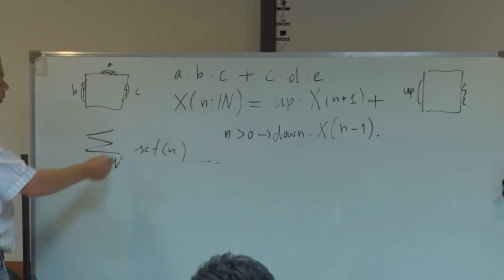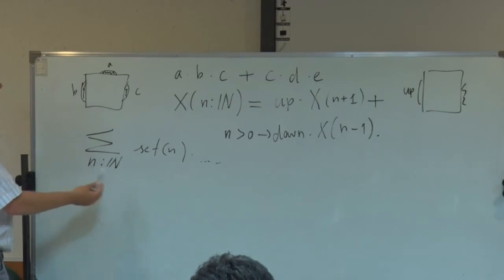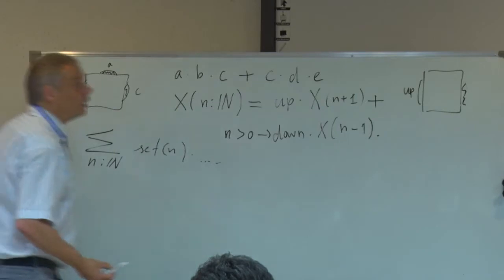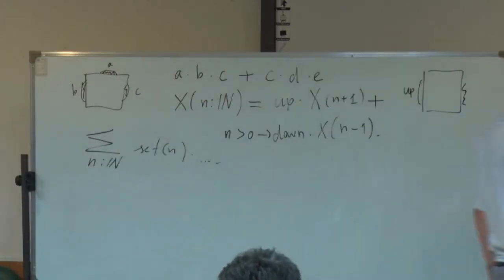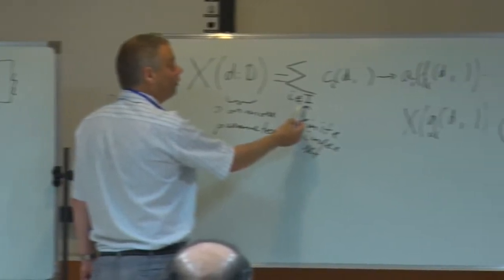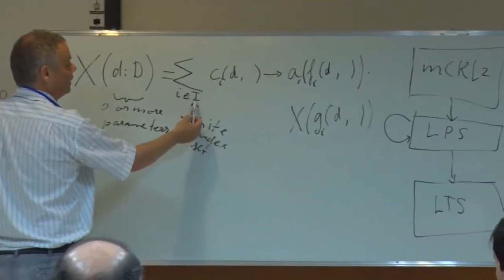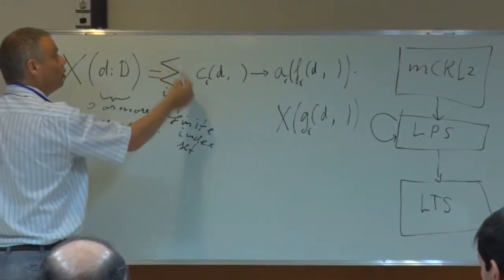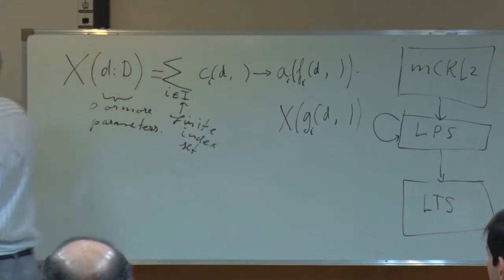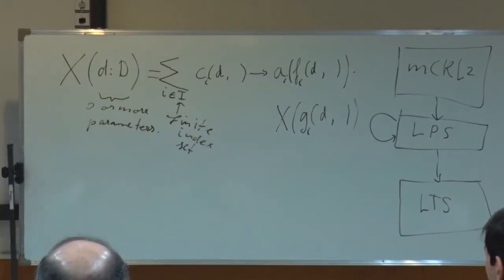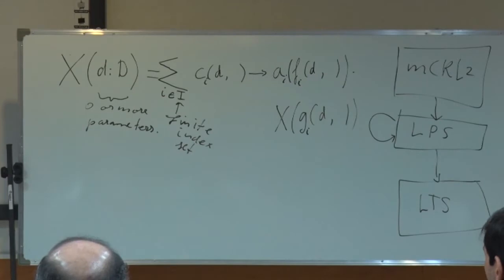Here I have the sum operator and I write a colon indicating that I get a data type n from this domain N. Here I have an index set. I use the same sum operator, but I write the element of here because this is just a finite index set and this is just a shorthand to write a number of these pluses. So that is this. Well, we can have processes with sum operators.